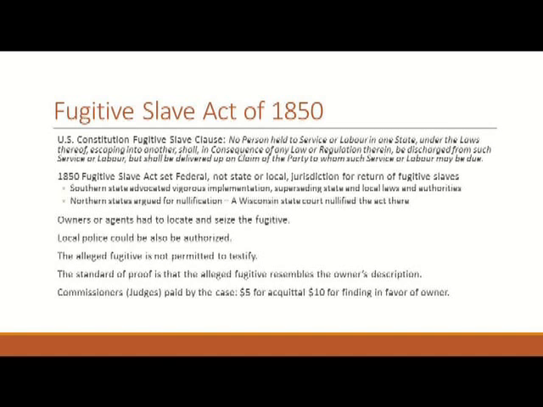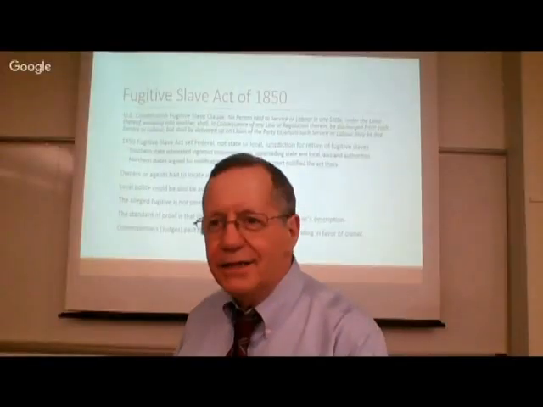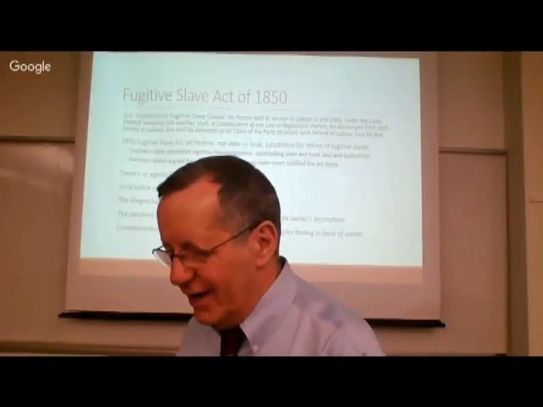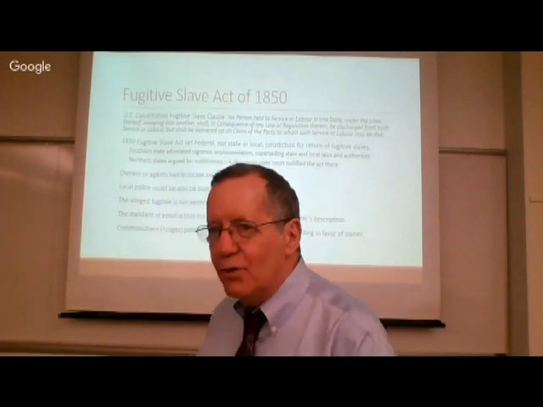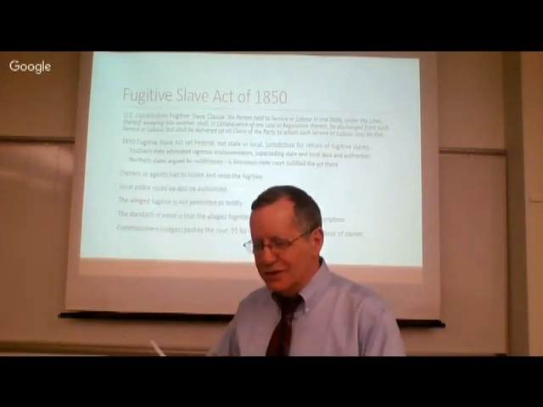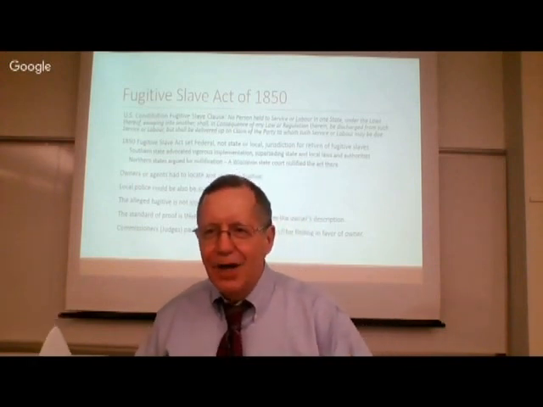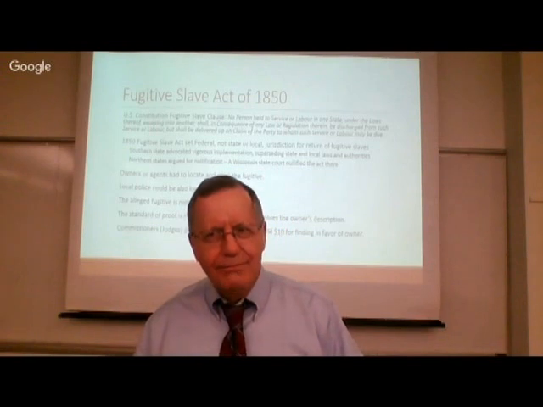So the southern states and some sympathetic states proposed an 1850 Fugitive Slave Act, which set federal, not state and local, jurisdiction for the return of fugitive slaves. Now, if you think about it, what was the Civil War about?